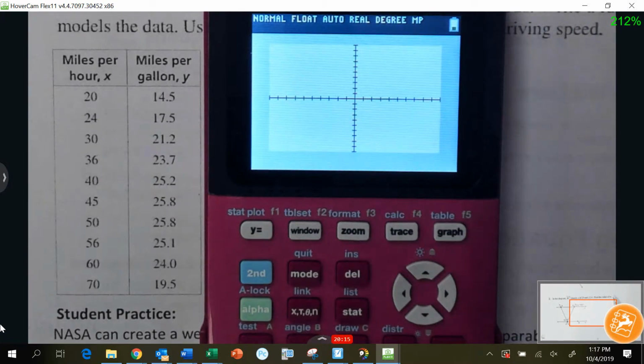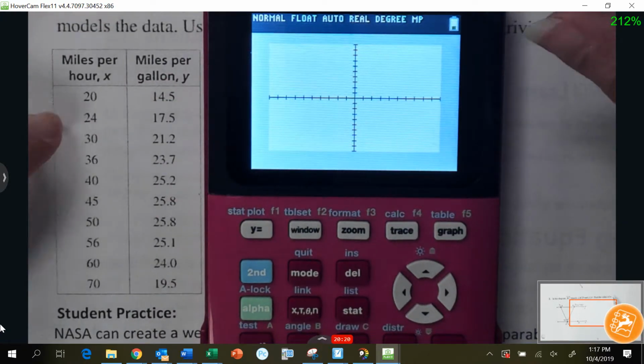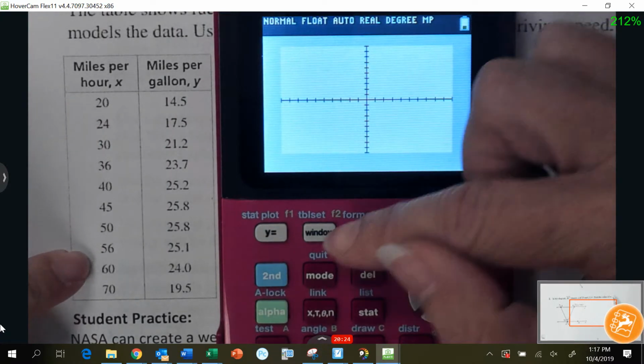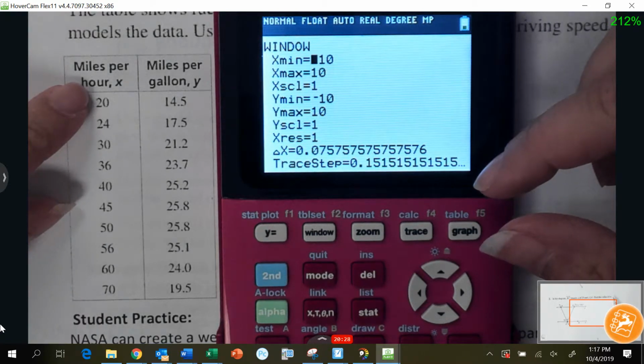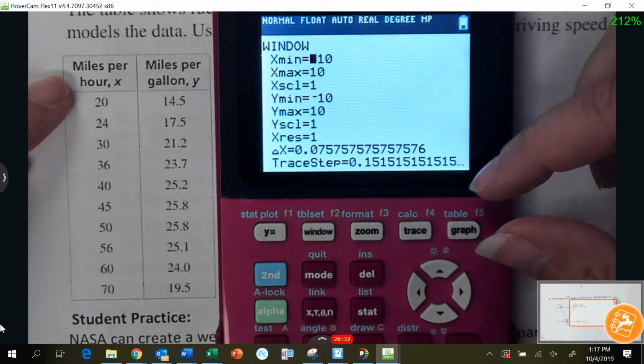My window is messed up. It's not messed up. It's like that nice 10 by 10 by 10 by 10. But when you look at the numbers, they don't fit in there. So I'm going to go to my window, and I'm going to change my x's. It looks like I don't need any negatives because x's is miles per hour, and we can't go backwards.